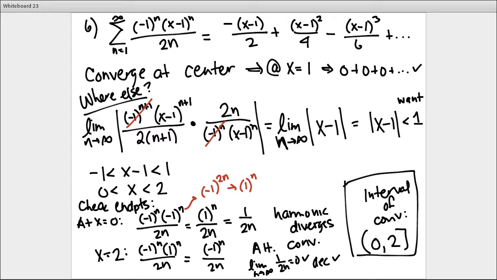You can see that: your center is 1, the radius was 1, which made you go out to 2, and the radius here was also 1, which made you go to 0. So that's that interval, not including 0, but including 2. That's the whole connection between center, radius, and interval of convergence.